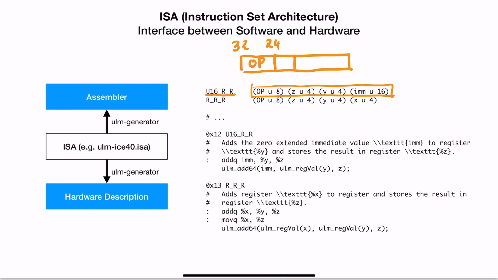The next 4 bits are denoted as Z. The next 4 are denoted as Y. And the remaining 16 bits are denoted as immediate value, or IM. And here you see that opcode hex 12 is using exactly this instruction format. And here you basically describe how these fields are connected to this 64-bit adder.